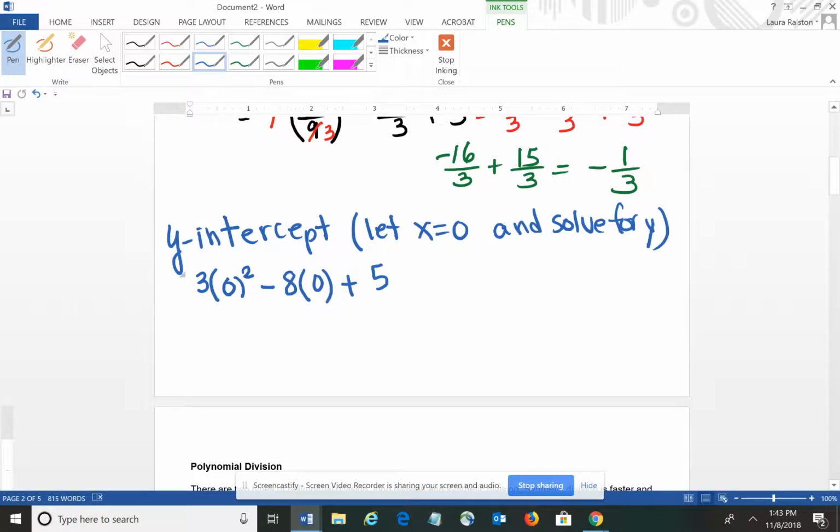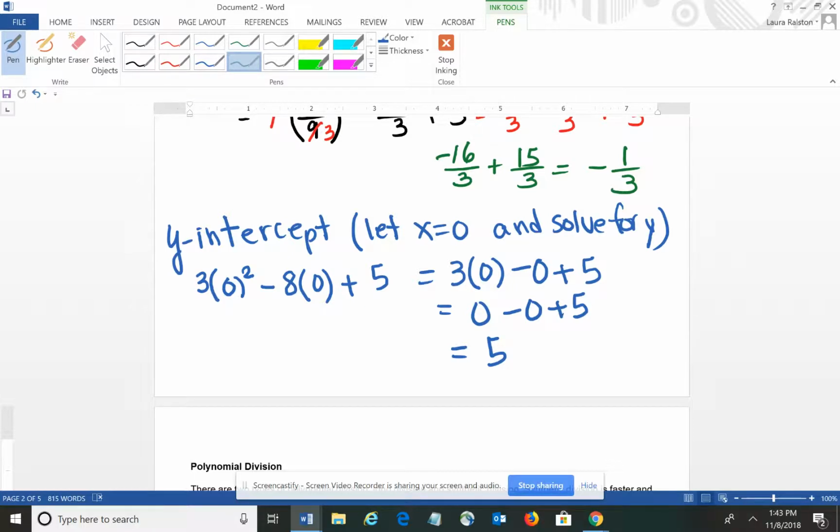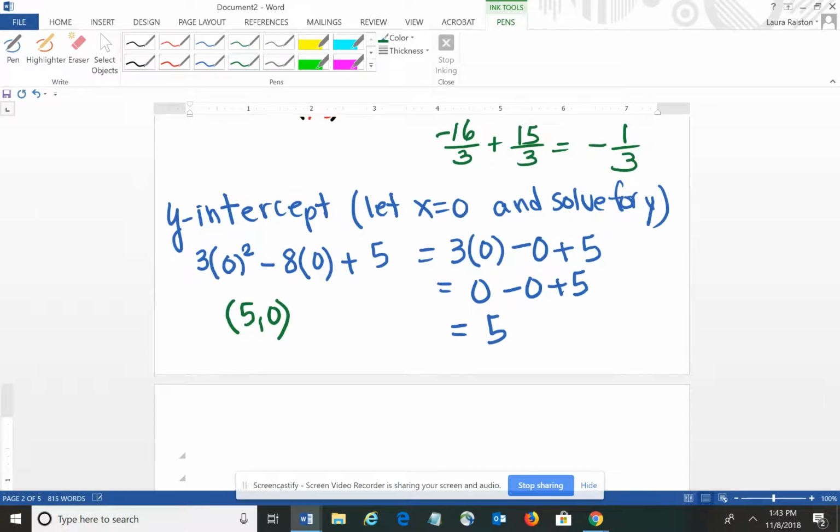Plus 5. So we would have 3 times 0 minus 0 plus 5. That's 0 minus 0 plus 5, which ultimately is 5. So the y-intercept where we cross the y-axis would have the ordered pair 0, 5.